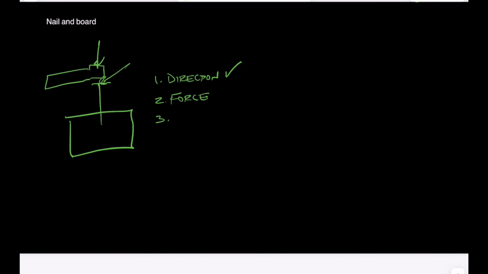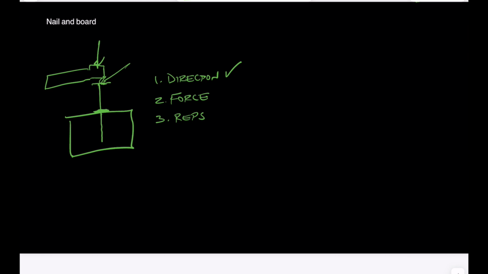The final thing is repetition. Once you hit the nail once and it moves a little bit, you continue. Now, if that continues to go fine, the right direction with the right force and the right reps, eventually the board will reposition itself all the way back where it belongs.